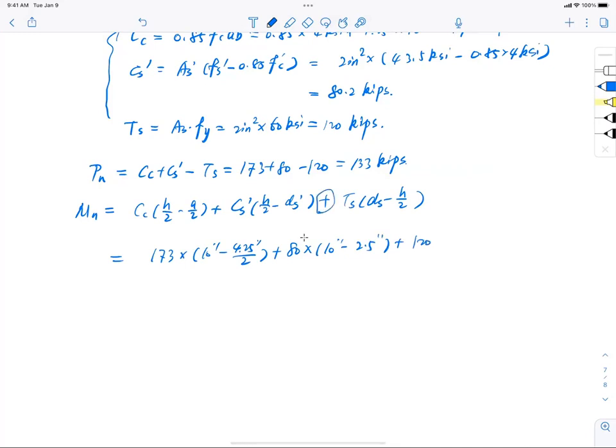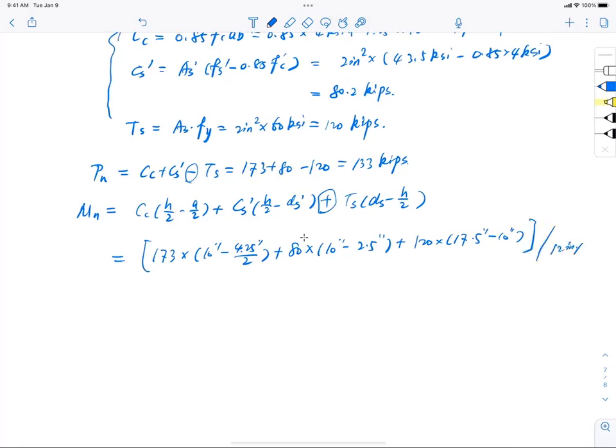Again, this is a plus sign, okay, folks? Minus in the Pn, plus in the Mn. And then 17.5 minus 10. And the whole thing in brackets together divided by 12 inch per foot, to convert back to foot. And I have now 238 kip-foot.